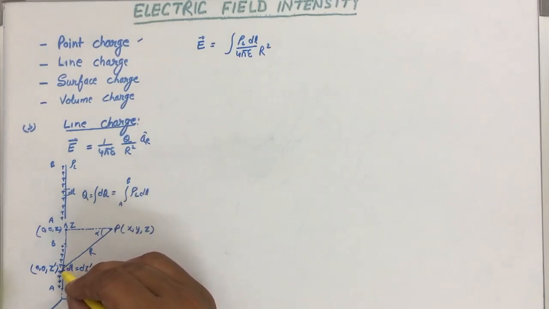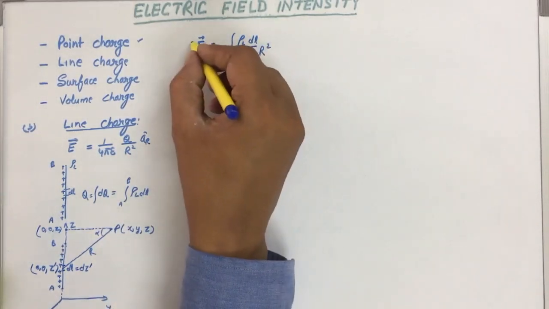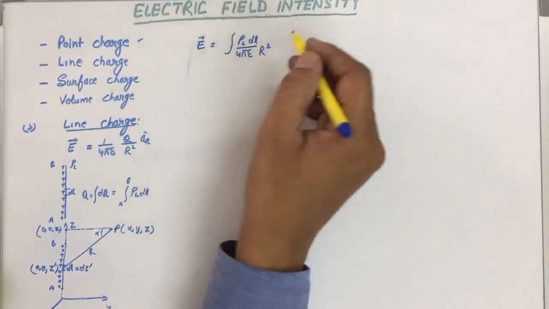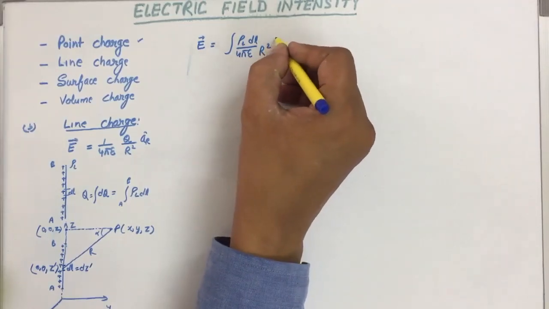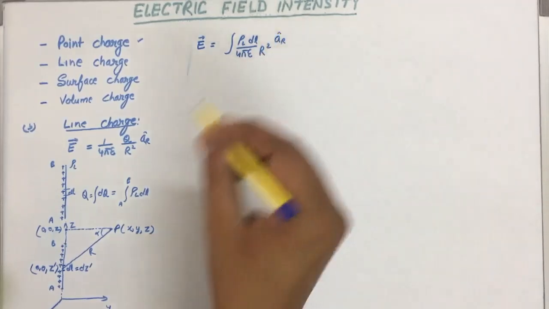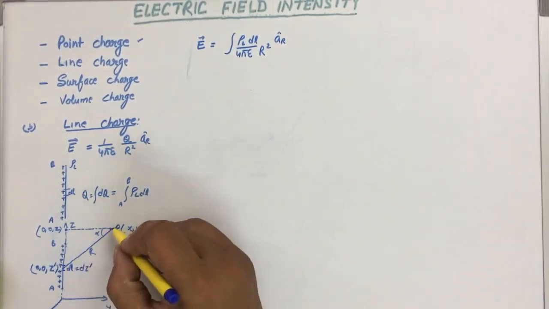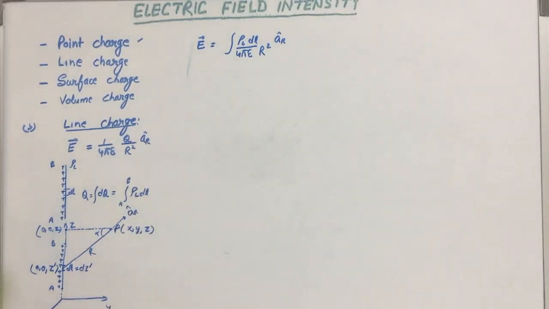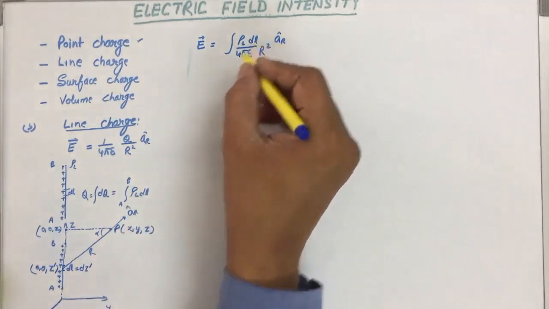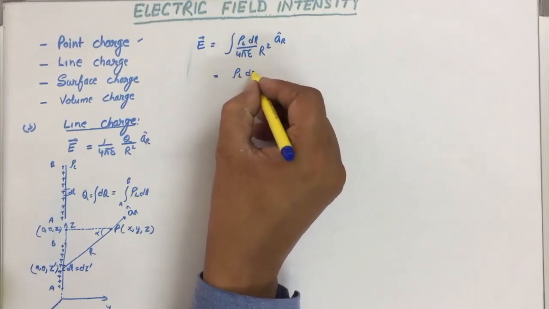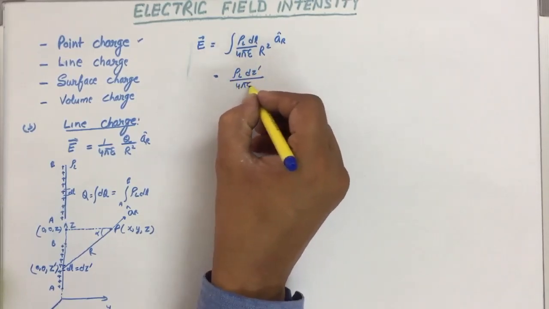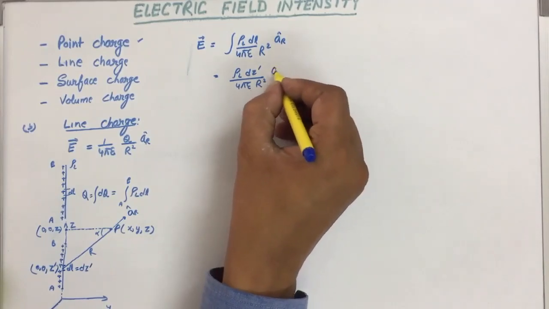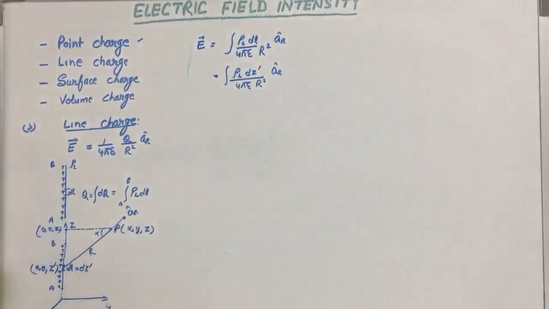For this charge only we are trying to find the electric field intensity, so we can say dE. If we are integrating, there is no need to write dE. r square in the direction of a_R, this a_R direction. And dl is nothing but dz, so we can say rho L dz over 4 pi epsilon r square a_R.